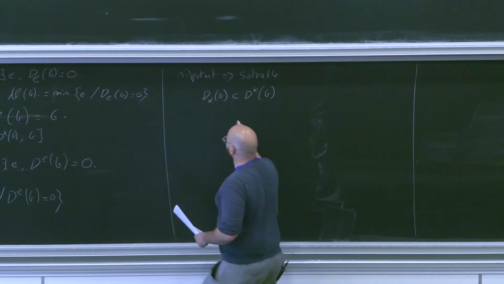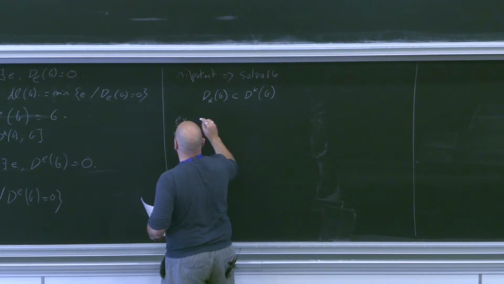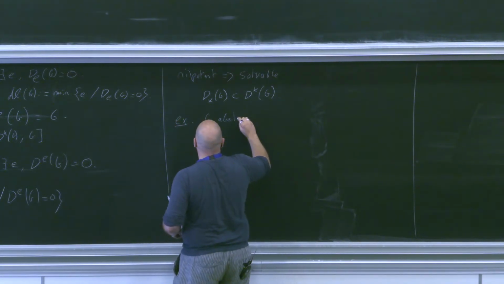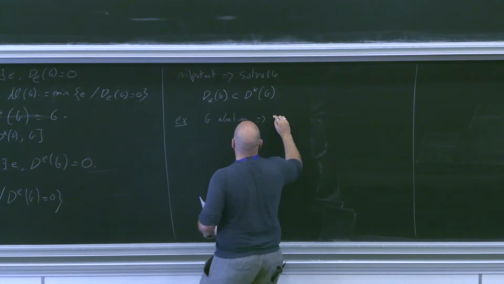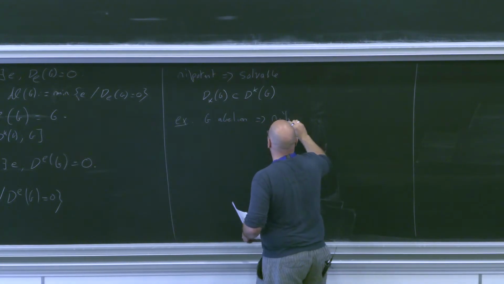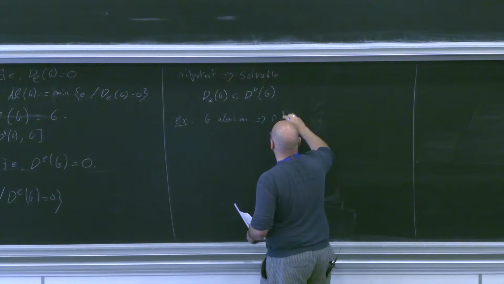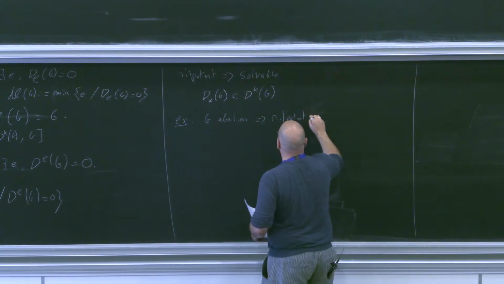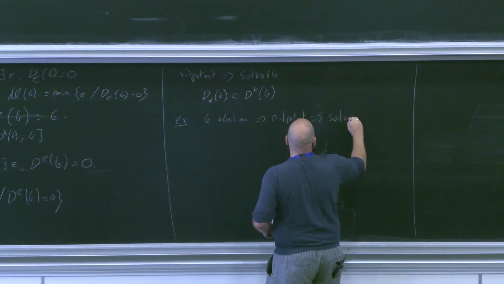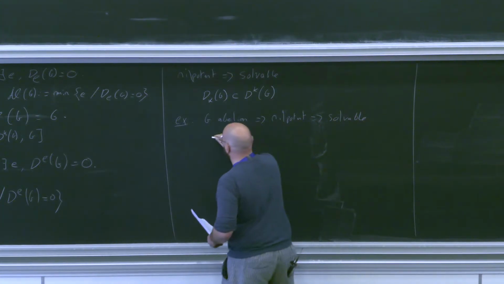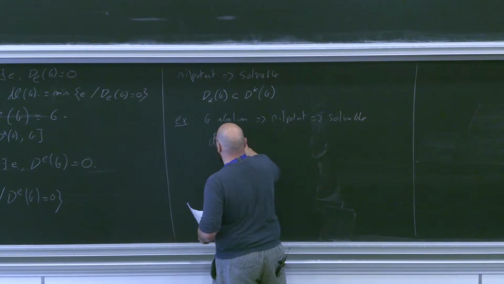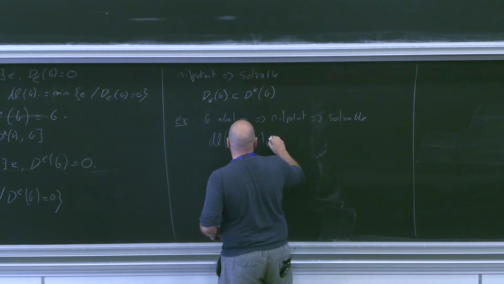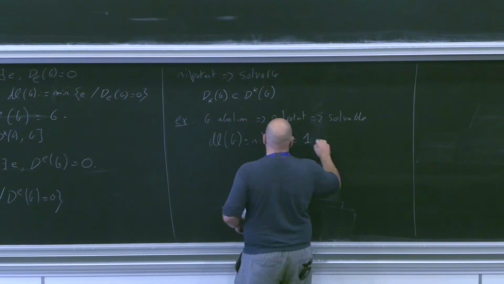Well, so maybe a quick example. If G is abelian, then this implies that G is nilpotent, solvable, and actually in that case, the derived length is equal to the nilpotency index is equal to 1.